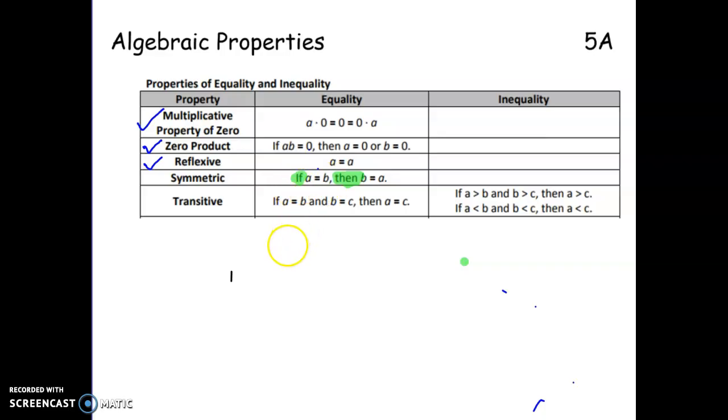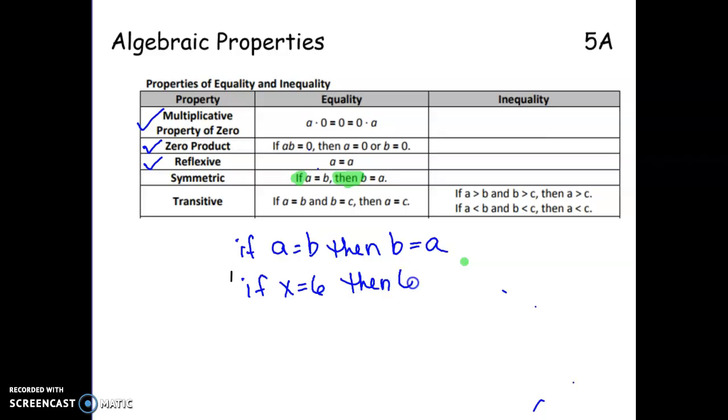So if A is equal to B, then we can say that B is equal to A. We can flip the order around. So say if X is equal to 6, then we can say that 6 is equal to X. And if you look at it, you can see it's kind of symmetric here. A is equal to B, B is equal to A, so it is the symmetric property. Let's write that down here.